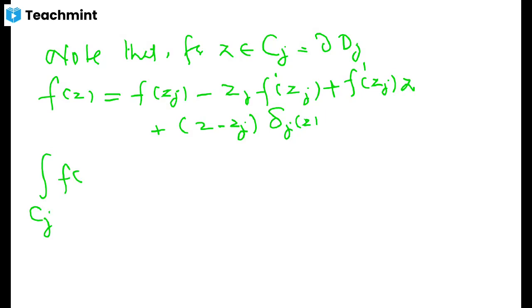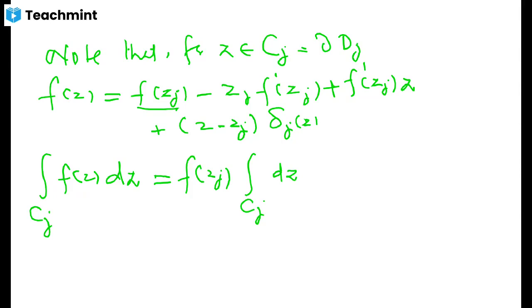Let me integrate it over Cj. If I integrate it, f(z_j) is a constant, so it comes out, and you have the integral of dz over Cj.